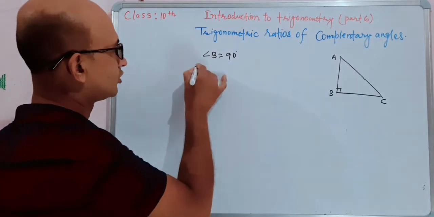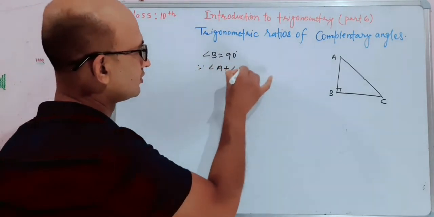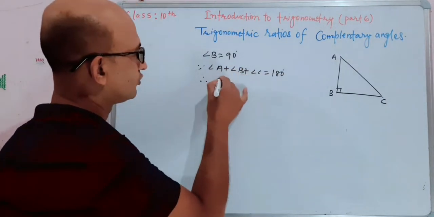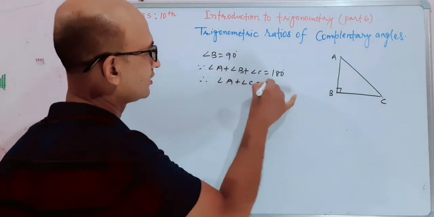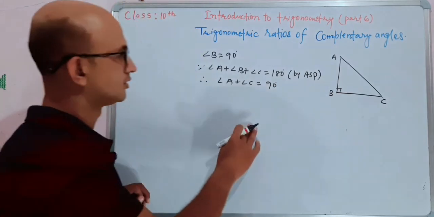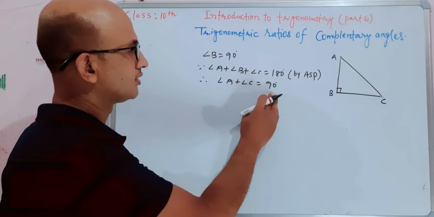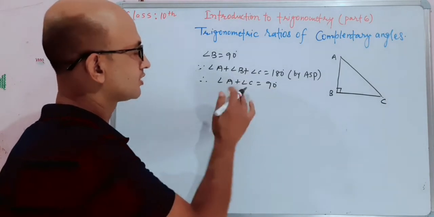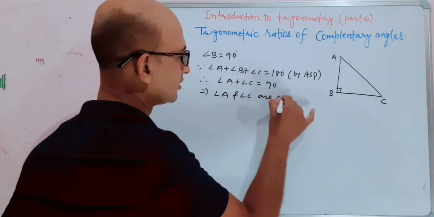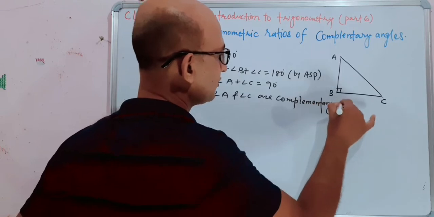By angle sum property, we can find that the sum of the other two angles, angle A and angle C, is 90 degree. We know that when the sum of two angles is 90 degree, the two angles are called complementary. That is, angle A and angle C are complementary angles.